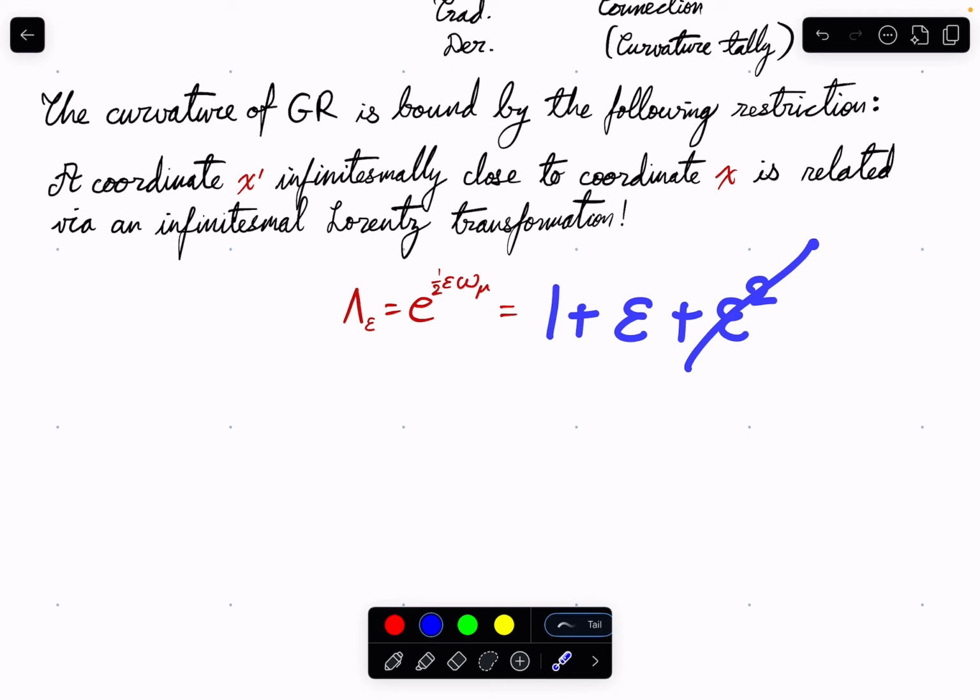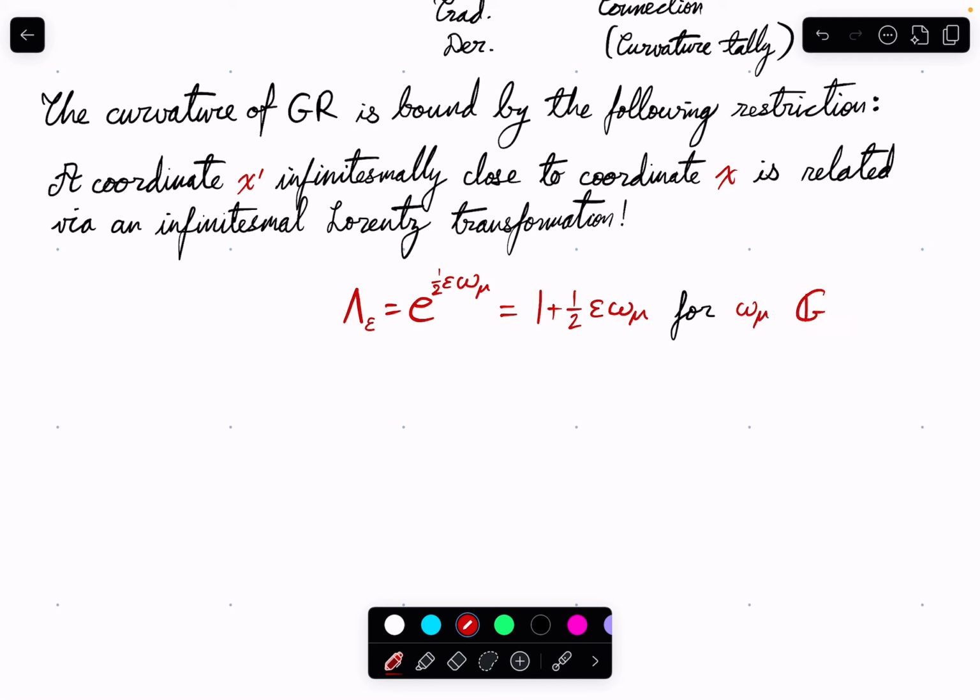But if it's infinitely small, all these other terms vanish, since something infinitely small squared is practically 0. So we just have 1 plus 1/2 epsilon omega mu, where omega mu is a bivector.